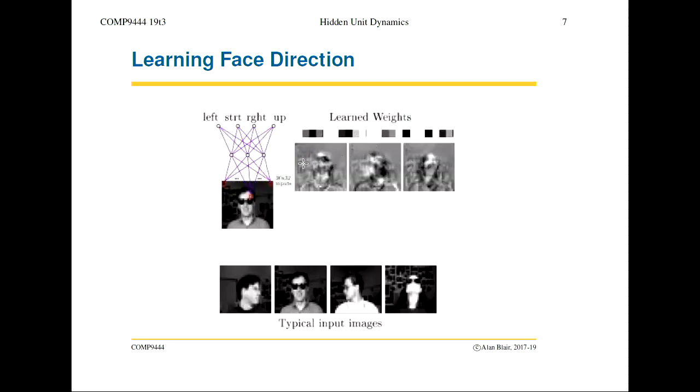Whereas this one is a bit white at the top, but dark on the left, and this is white here and dark here, and this is more symmetric. So these images are sometimes called eigenfaces, because geometrically they might represent the principal components of all these images in hidden unit space.